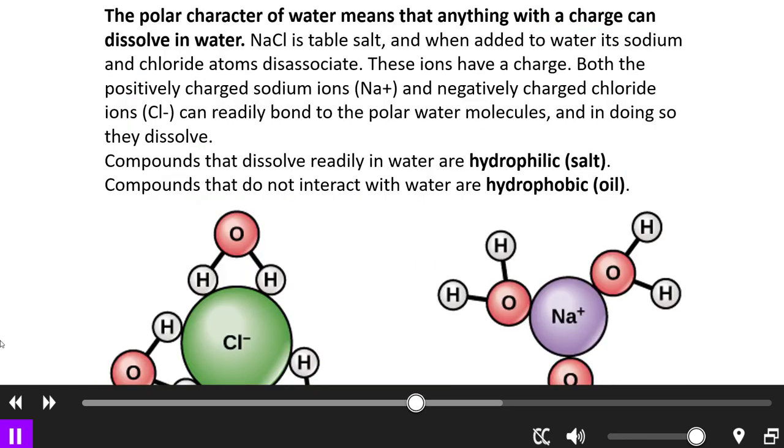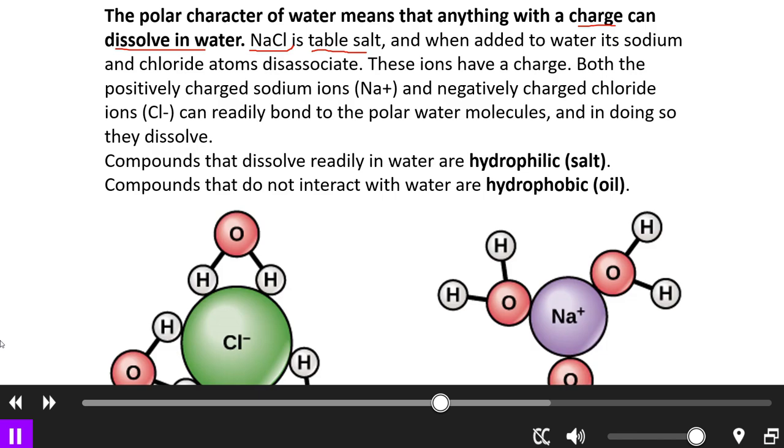The polar character of water means that anything with charge can dissolve in water. When other molecules have a charge, positive or negative, they can be dissolved in water. For example, let's look at table salt. Table salt has the chemical formula sodium chloride.